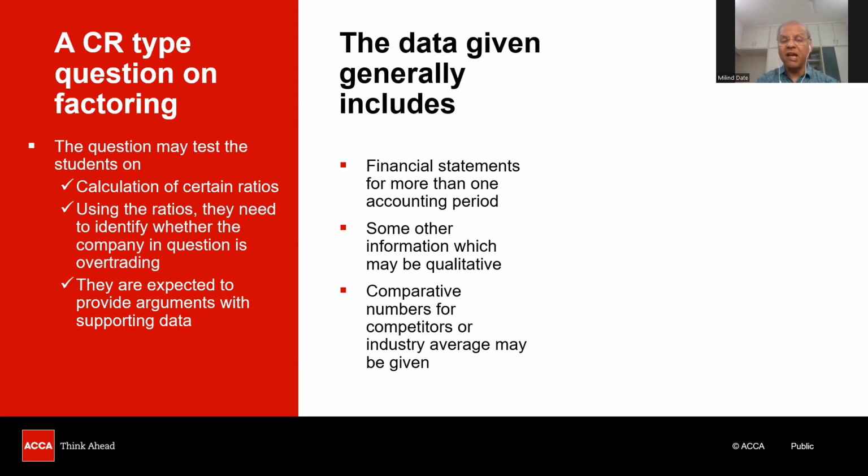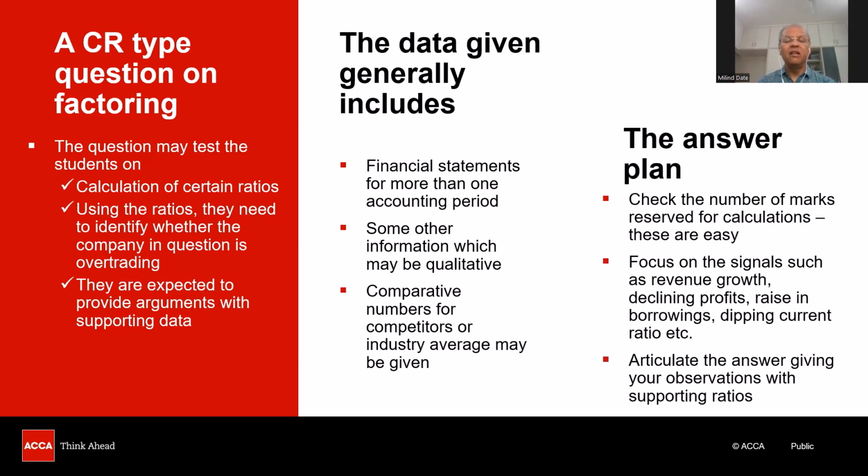And your answer plan, this is very critical. Check first the number of marks reserved for calculations. Many times I have seen from my experience in the past examination, the examiner provides a hint. Say, for example, up to 4 marks are reserved for calculation, maybe out of 20.